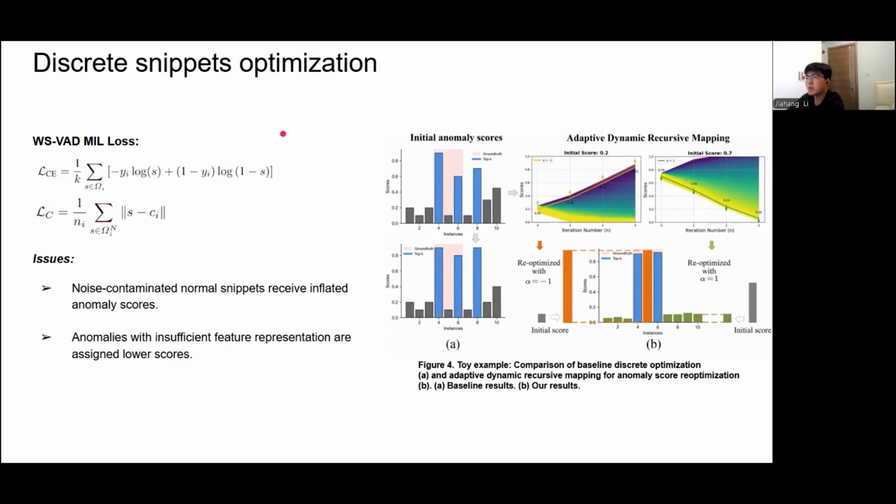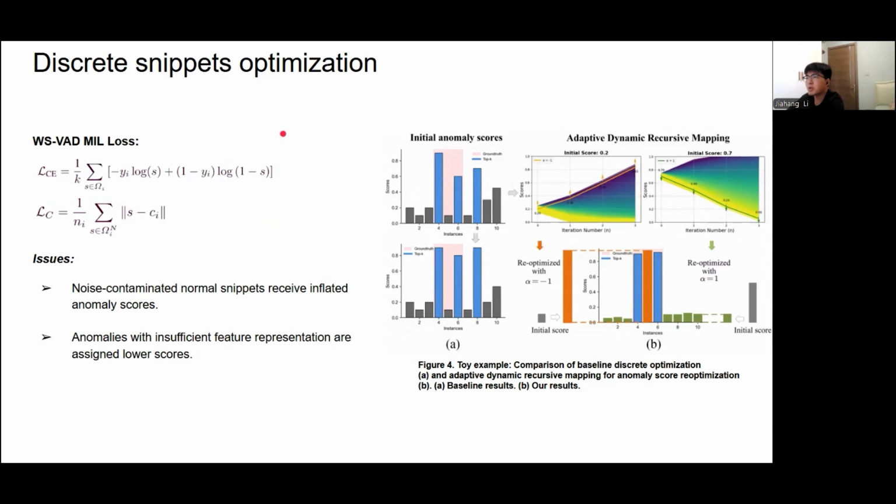The top K highest scoring snippets in positive bags are selected for the cross entropy loss, while all snippets in negative bags are used for center loss. This helps the model learn to better distinguish between normal and abnormal behaviors.